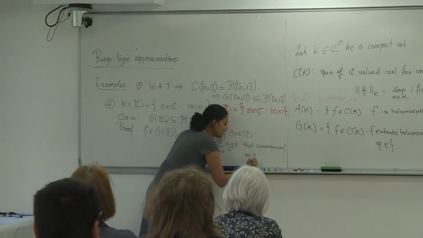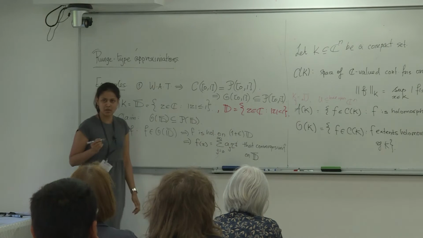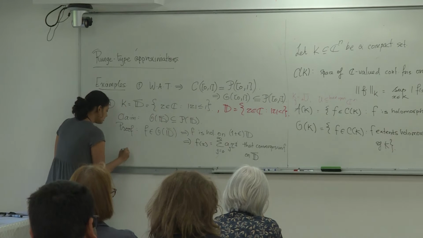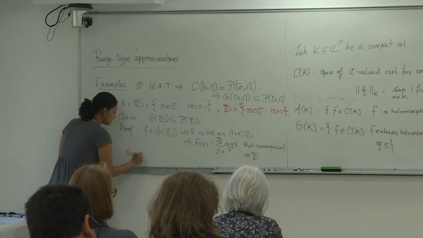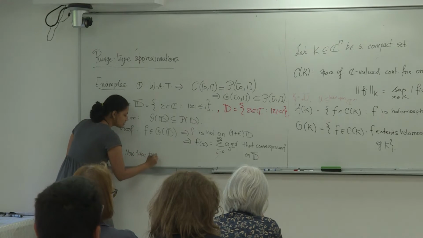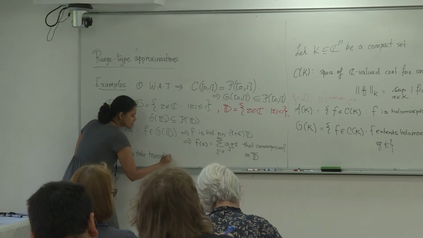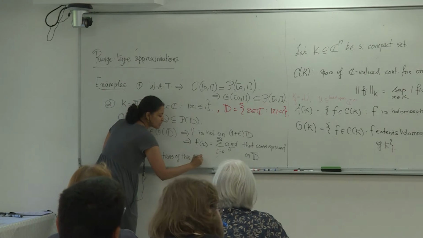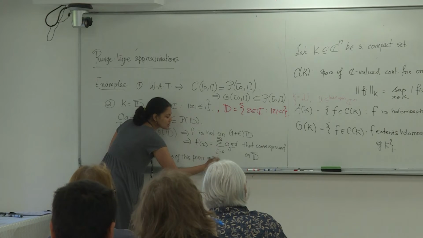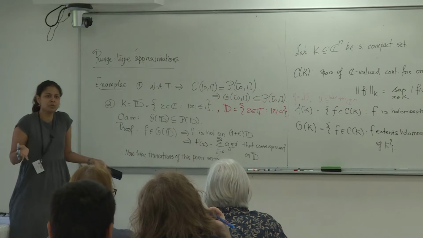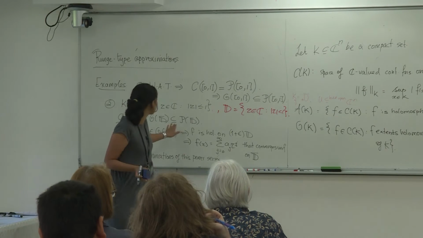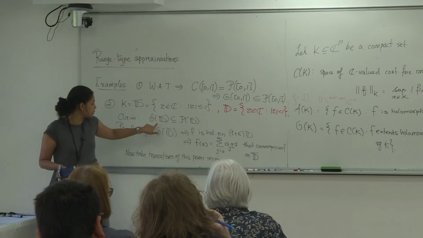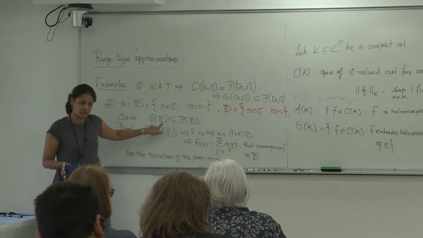In particular, D closure is such a compact subset of that disk. And so now take truncations of this power series as your approximating sequence of polynomials. So this is a very simple proof of the fact that you do have polynomial approximations of holomorphic functions on the closure of the unit disk. Okay?